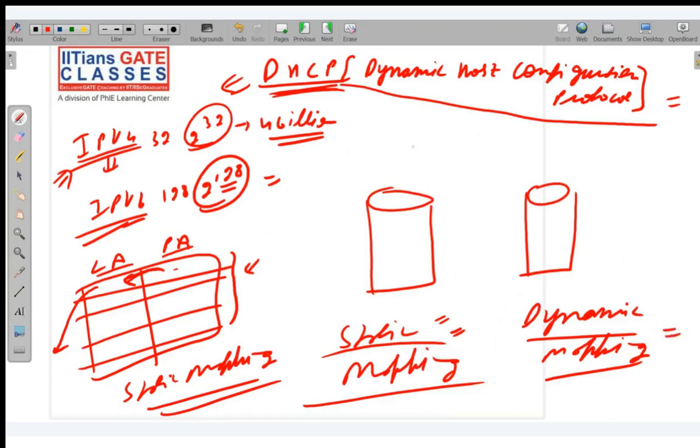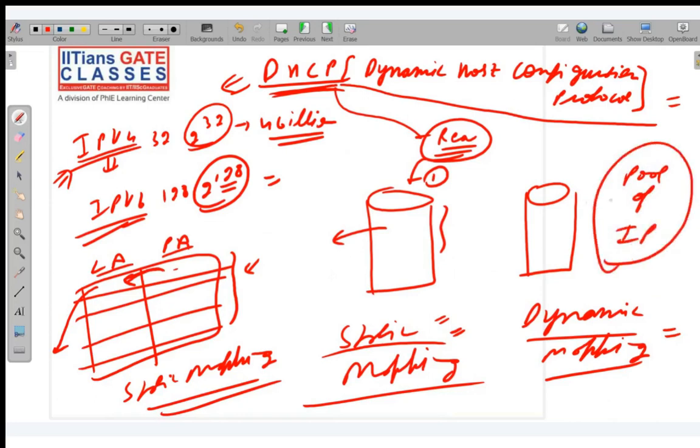Whenever the DHCP server gets a request, it will first match the static mapping. If it finds a match, then it will reply. If it does not find a match, then it has a pool of IP addresses. From that pool, it will give an IP address to you.